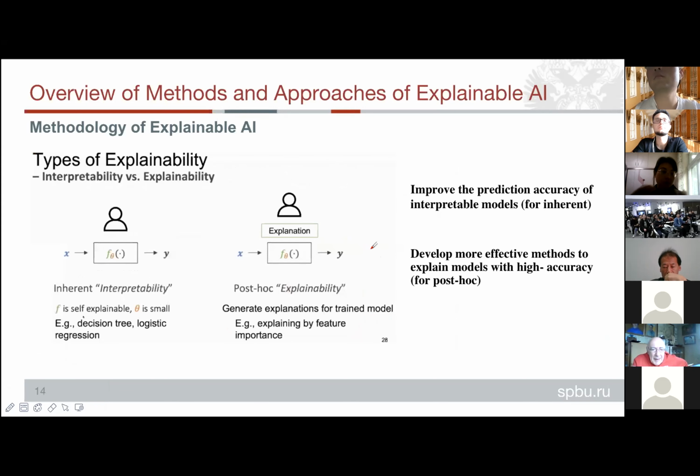Based on this nature, explainable AI is divided into two usages: inherent and post-hoc. Inherent means that the model itself can be explained, such as decision tree, logistic regression. And post-hoc generates the explanation of the trained model by explaining the importance of features, to apply to any model, especially deep learning models.